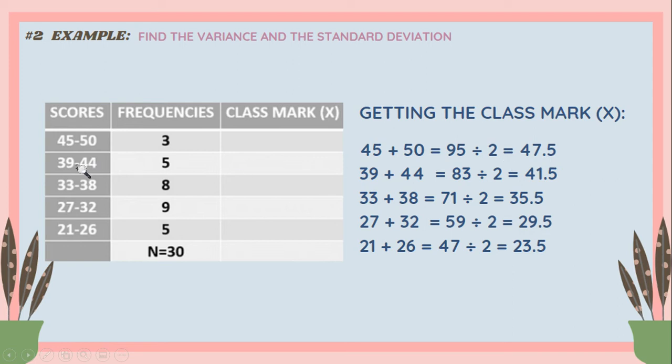And then the second given data is 39 plus 44 is equal to 83. Then divided by 2 is equal to 41.5. Then the third is 33 plus 38 is equal to 71. Then divided by 2 is equal to 35.5, and so on.